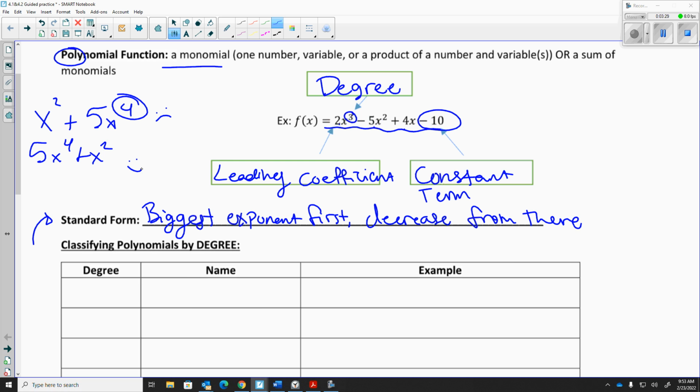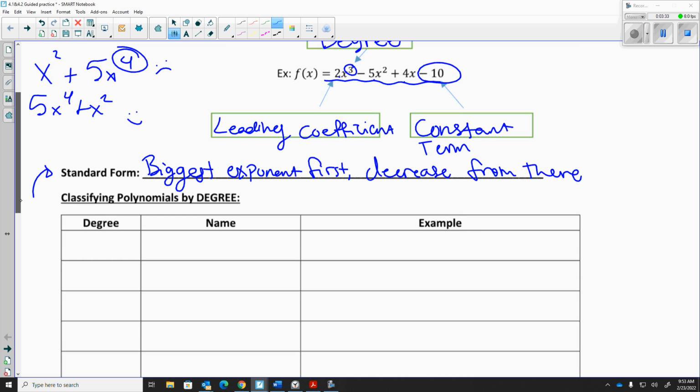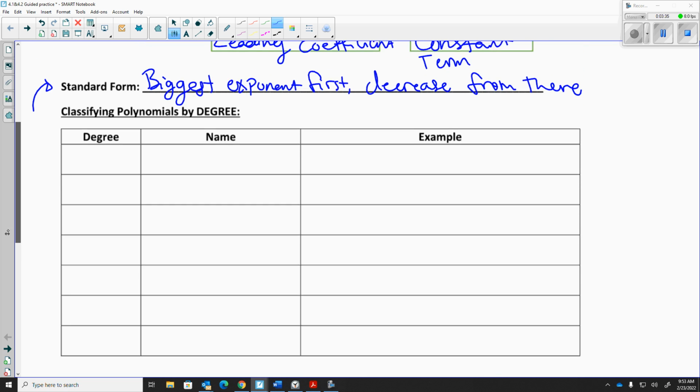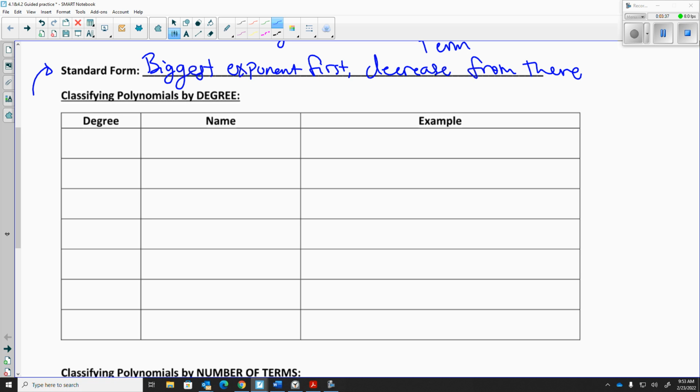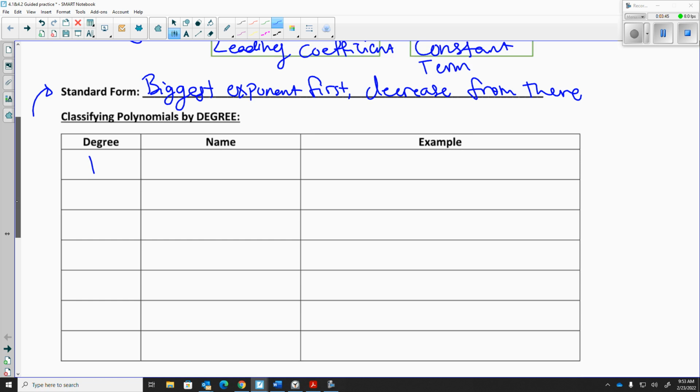Okay. All right, I'm going to throw some other words at you. Again, don't feel like you need to write all this down. We're moving kind of fast through this stuff. We can classify polynomials by their degree, and there's some names that we give them based on their degree. So let's say it's a first degree. Remember, degree is the biggest exponent.